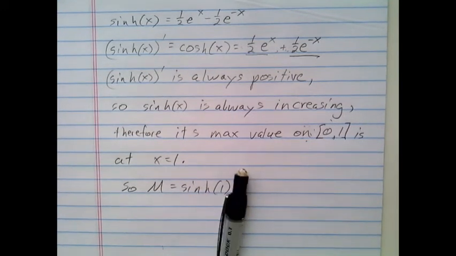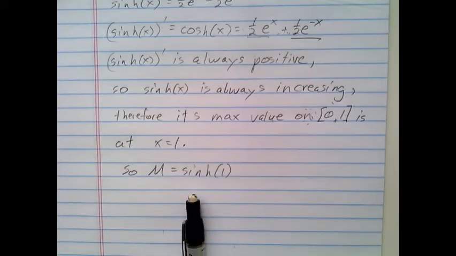Now, if you're thinking about this very hard, you should probably be thinking, wait, our goal is to get an approximation for hyperbolic sine of 1, but it looks like we need to know what hyperbolic sine of 1 is in order to put a bound on our error. That's kind of a problem.